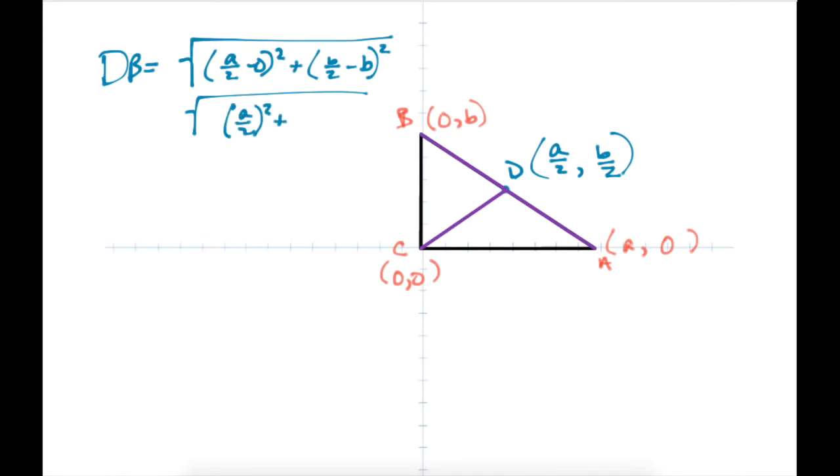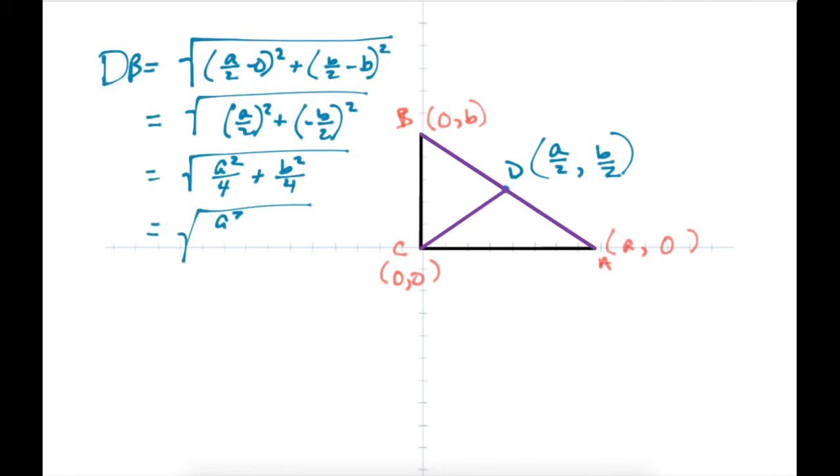B over 2 minus B is negative B over 2 squared. This is A squared over 4 and B squared over 4, which already have common denominators. So it's A squared plus B squared over 4, which is equal to the square root of A squared plus B squared over 2. Okay. So that's what our final product will look like for the distance between B and D.